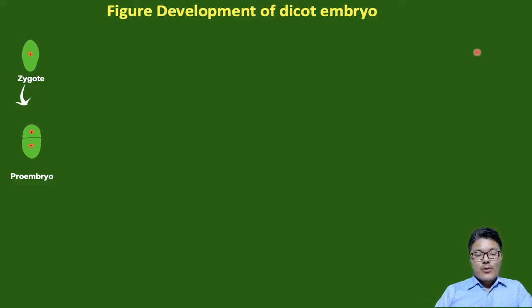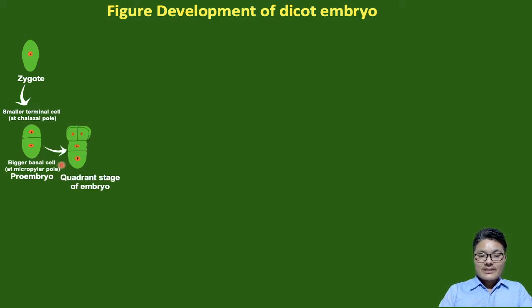The two-celled proembryo is having a smaller cell at the chalazal pole, which is far away from the micropylar region, and that cell is called as terminal cell, and near to the micropylar pole we have a bigger cell formed, which is known as basal cell. Now later your terminal cell will be forming embryo and basal cell will be developing into suspensor cell.